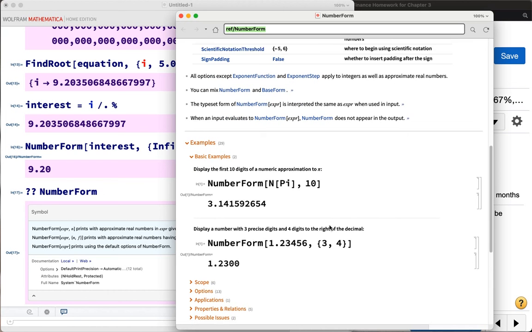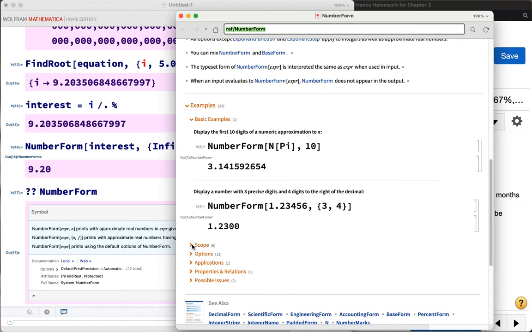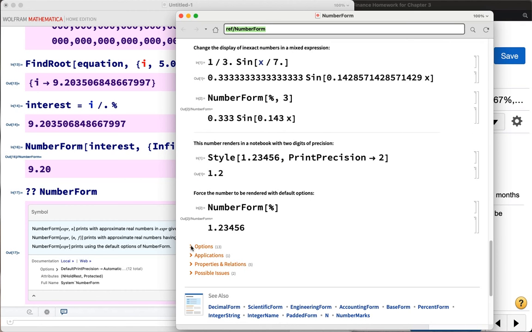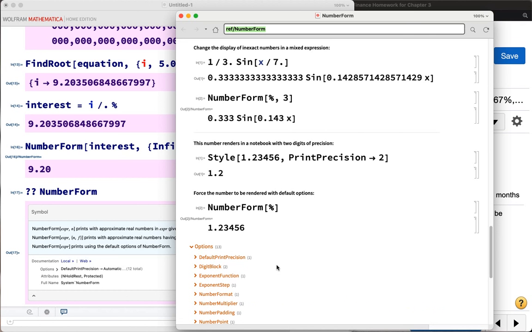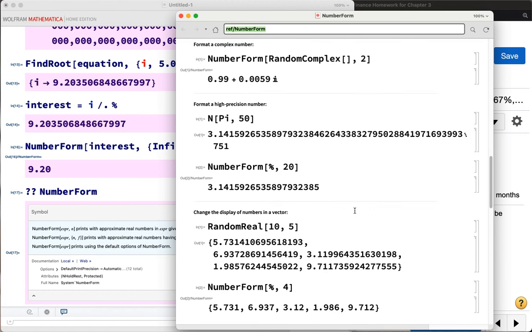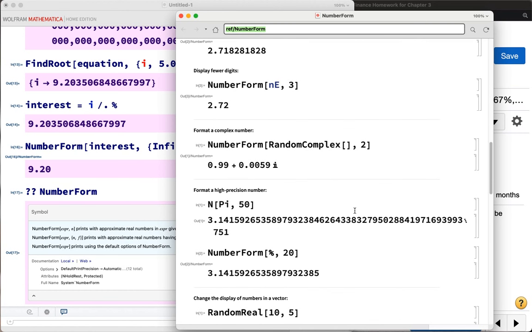Read through the examples, look at the scope, options, applications. Some of this may seem overwhelming initially, but you may find some examples in here that will help you figure out what to do with the command and how it should be used. Or you could also look this up on the internet using Google.